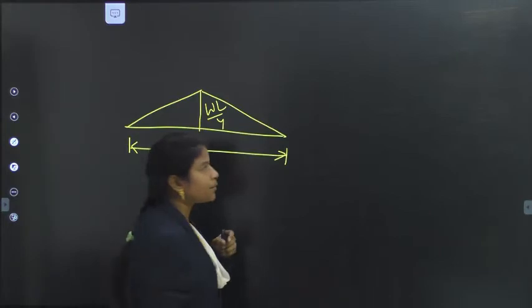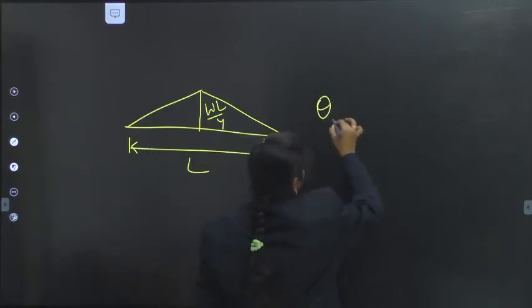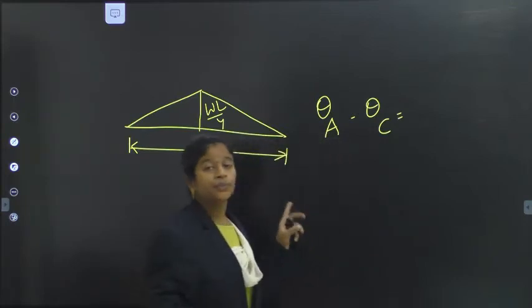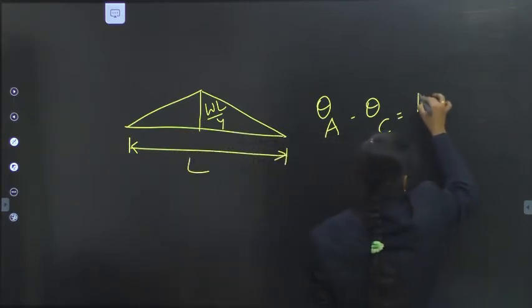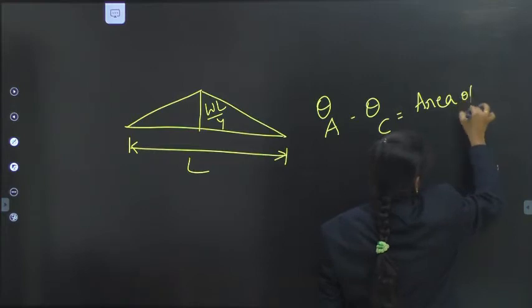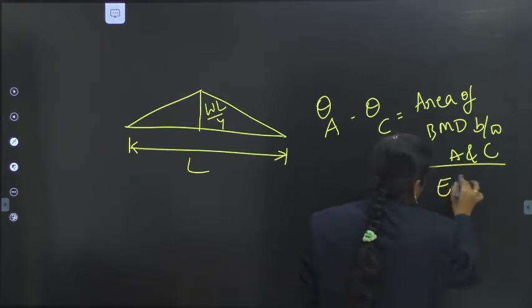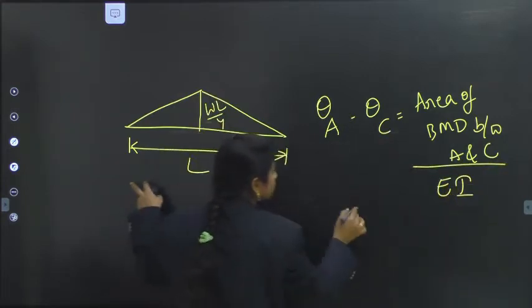This is our bending moment diagram, and theta A minus theta C is equal to the area of the bending moment diagram between A and C divided by EI. So, what is the area of the bending moment diagram between A and C?